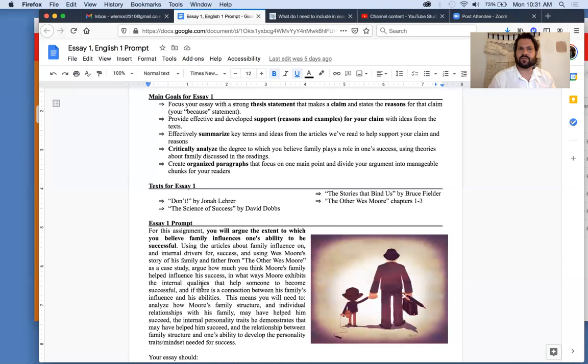So for your thesis, I wouldn't look at it as a total thing, like, oh, family is the most important factor. Maybe it is, but as we're doing the readings, we'll see that there are other things too that might impact your ability to be successful other than family. It's not an all or nothing sort of thing.